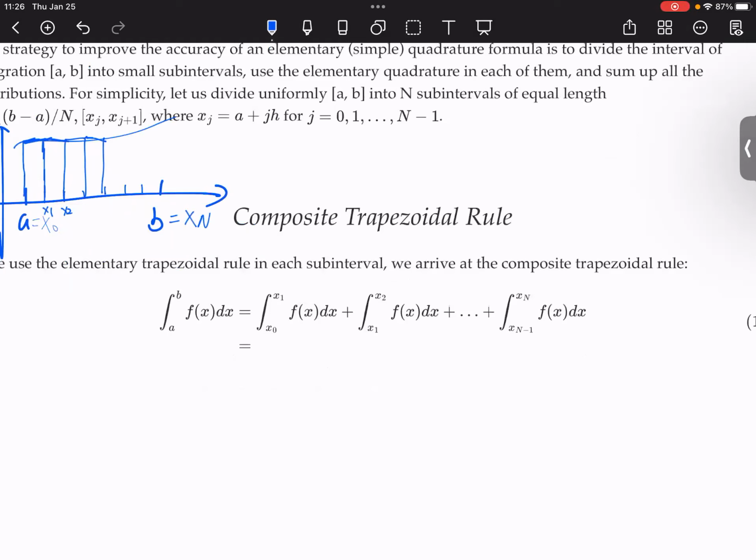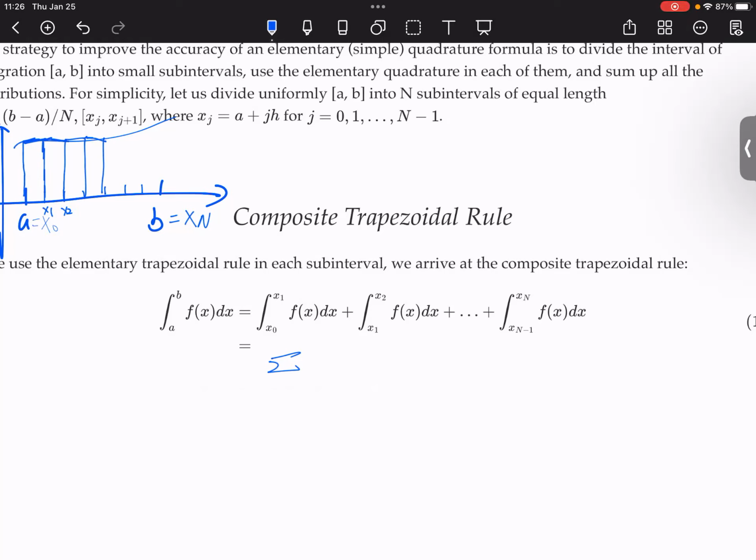So this is the subinterval. A is just x0, and B is just xn.